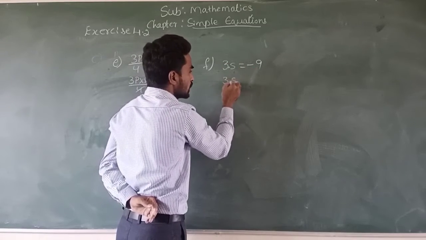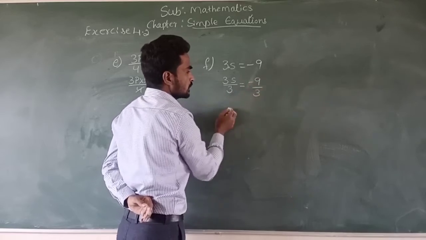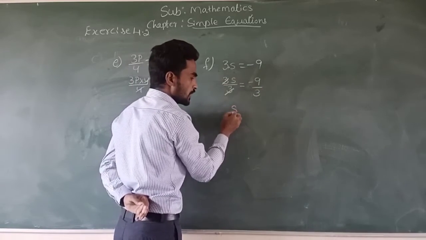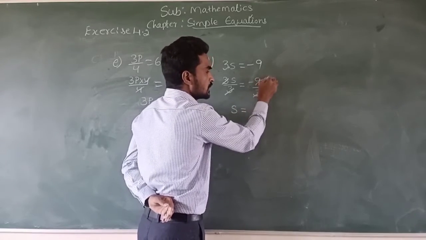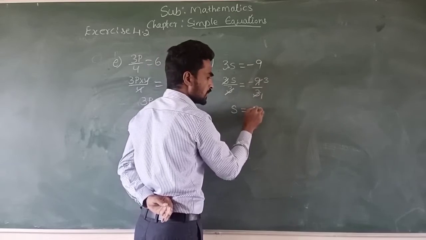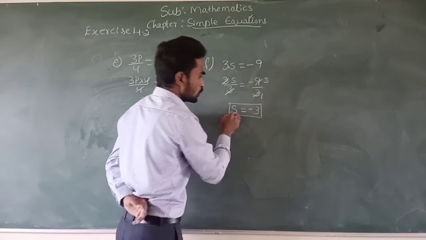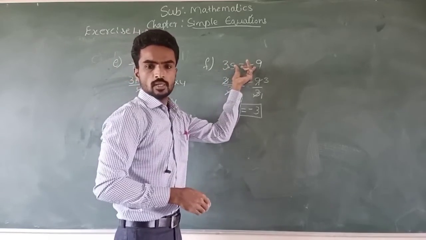Then we get 3s divided by 3 is equal to minus 9 divided by 3. The 3s cancel out, and the remaining LHS is s. 3 threes are 9. Then minus into plus is minus 3. s is equal to minus 3 is the solution of the given equation.